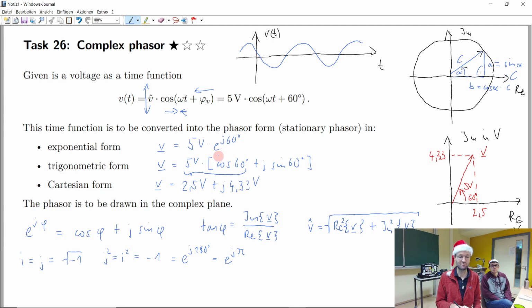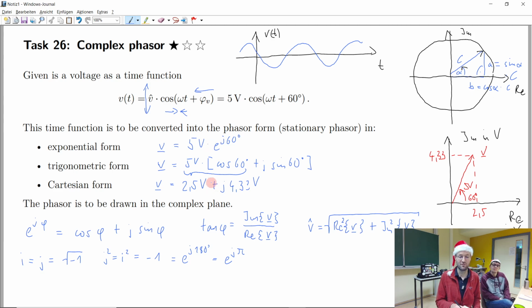Because we want to do different mathematical operations, and it's much easier to do multiplication and division in this form, and let's say squaring this phasor and taking the square root of the phasor, something like this. So powers of this phasor.